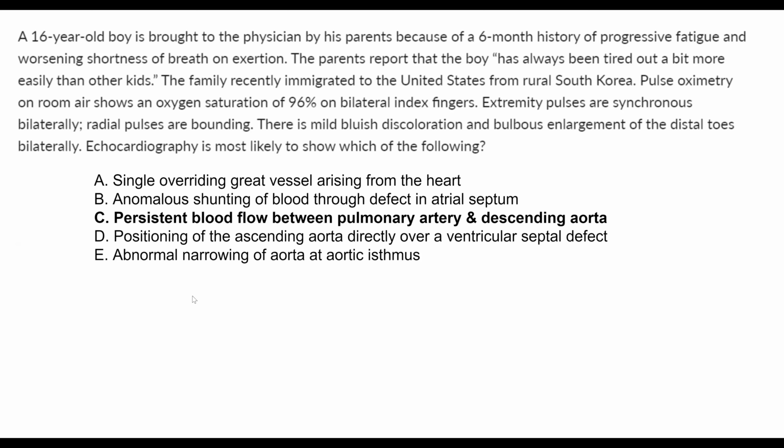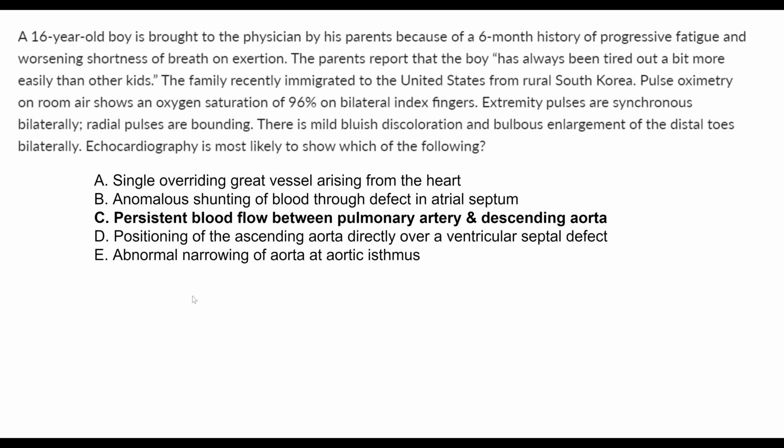That's telling you that this 16-year-old, who has been living fine, clearly was fine. Usually if it's a cyanotic heart defect at a young age, you're going to see these symptoms. Now they're not fine. This is probably Eisenmenger syndrome. You had the reversal of the shunt, and now you have cyanosis in the patient. PDA is one of those that can have Eisenmenger syndrome occur, and that's why we're going with C.